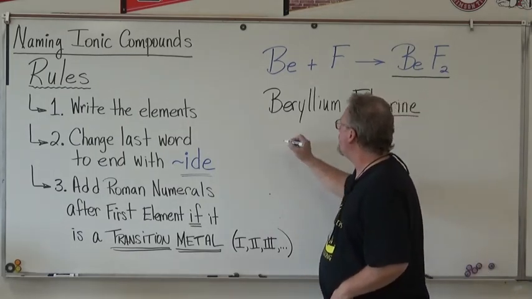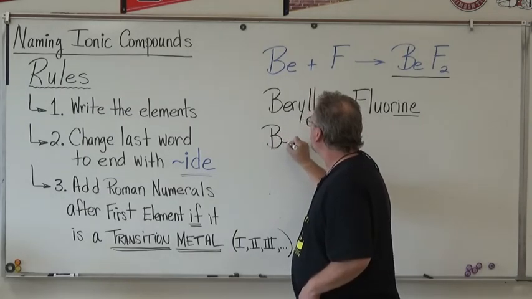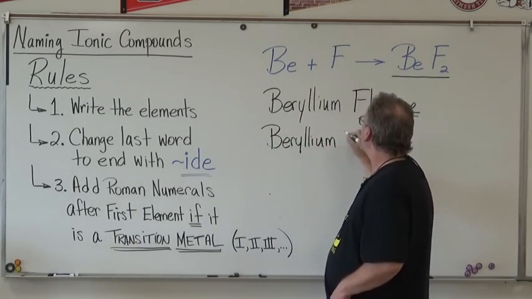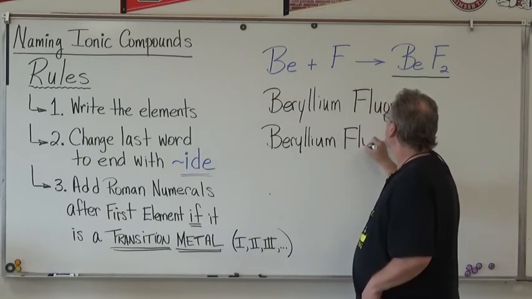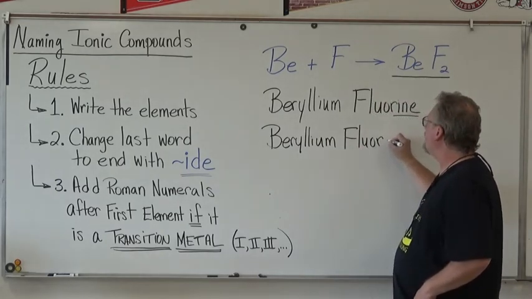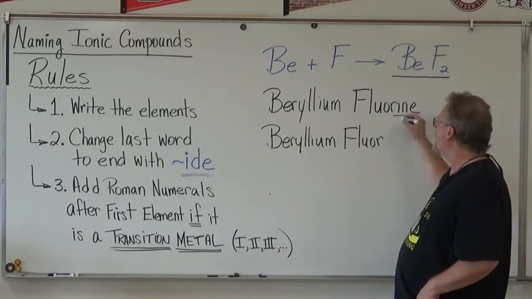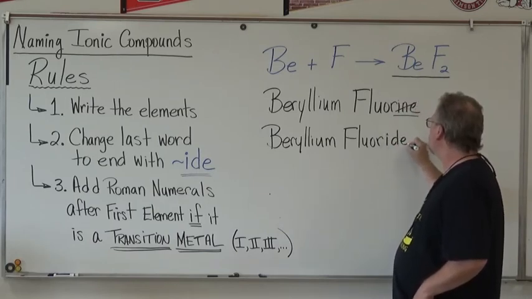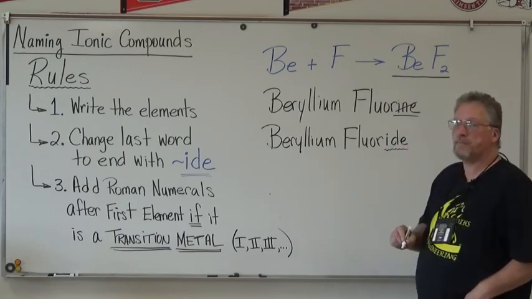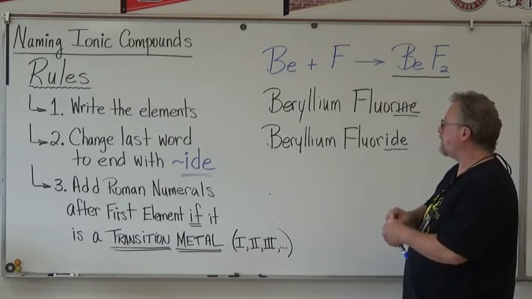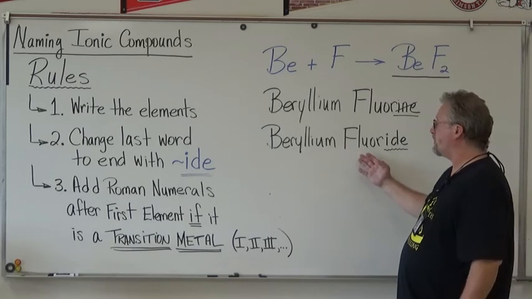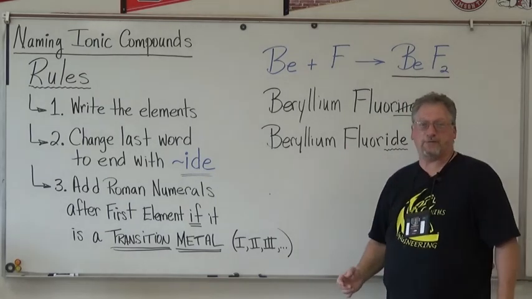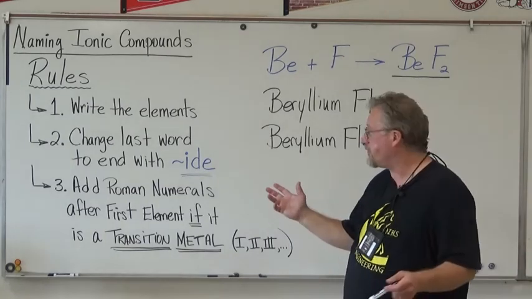So this is going to become beryllium fluorine, and now instead of the INE, we're going to get rid of that, and we're going to put down IDE. Okay? So right now we pronounce this as beryllium fluoride. This is beryllium fluoride. Wow, it sounds smart. There was nothing to it.